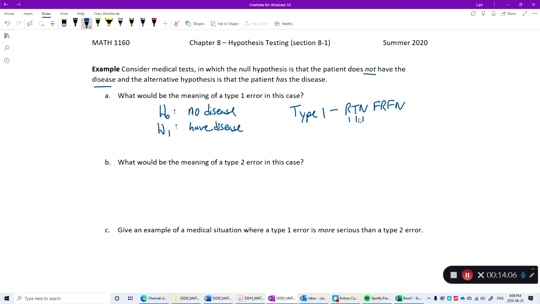Okay, sorry, it's been a long evening here. RTN means reject true null. So type 1 is that we reject a true null. So we say, you don't have the disease, but we say you do have the disease. We say you have the disease even though you don't.